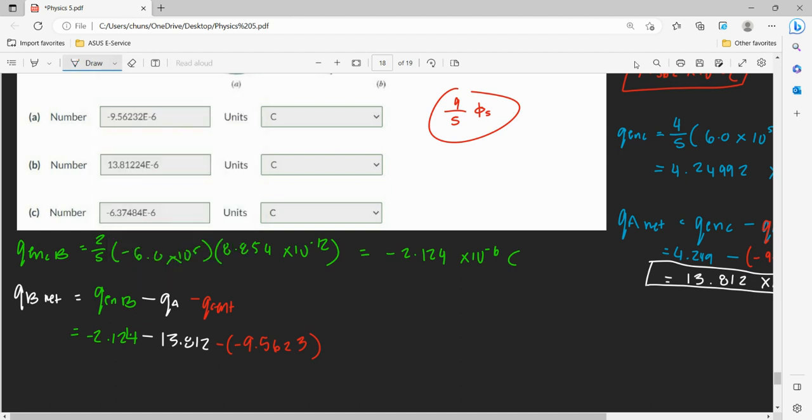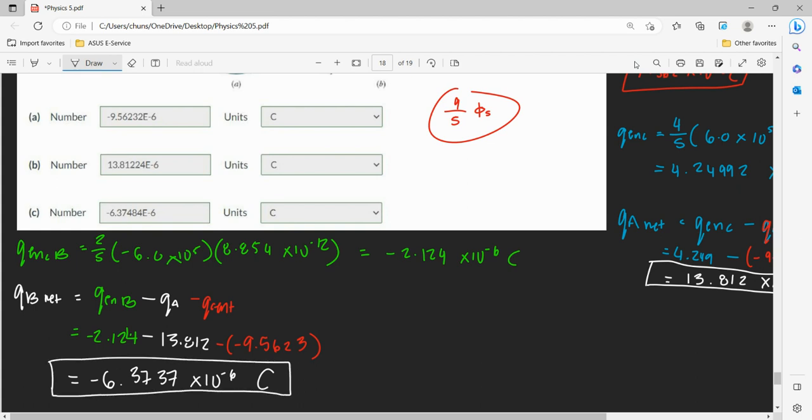And this gives us, so that's negative 2.124 minus 13.812. That's plus 9.5623. And indeed, this gives us negative 6.3737 times 10 to the negative 6 coulombs. And that is correct with the answers that we got.